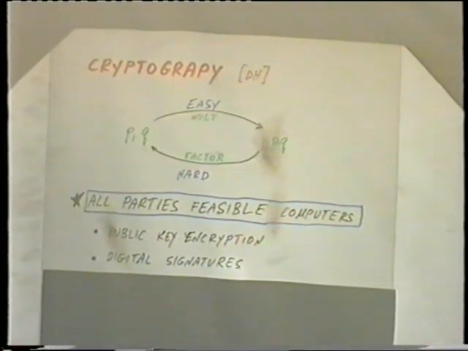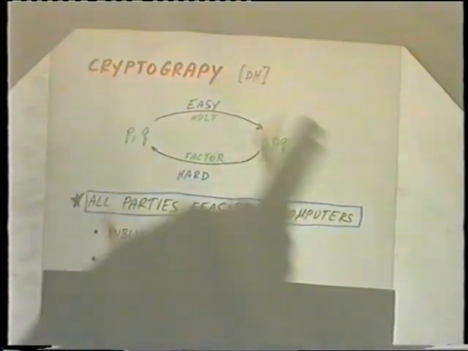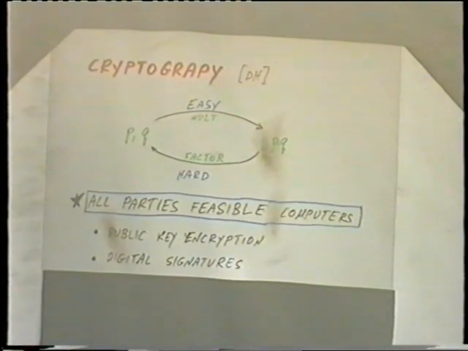And people really started playing with these concepts with just this assumption, and the assumption that this is indeed easy and this is indeed hard, and everybody is bounded to polynomial time computation. They try to solve various problems that the digital world arose or suggested.